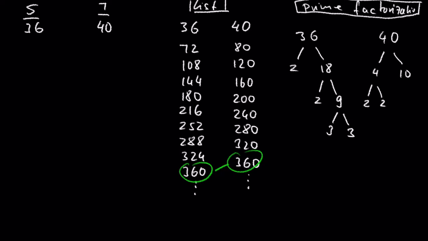And 10 is 2 times 5. It doesn't matter which factors you start with. The numbers at the end of each branch will always be the same. Each branch ends with a prime number, which can't be broken down any further.